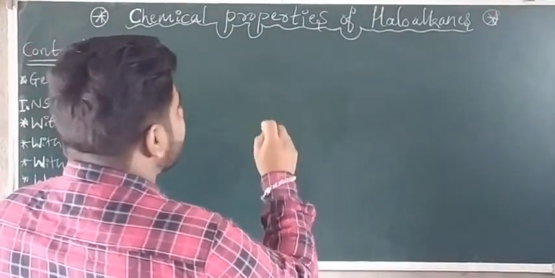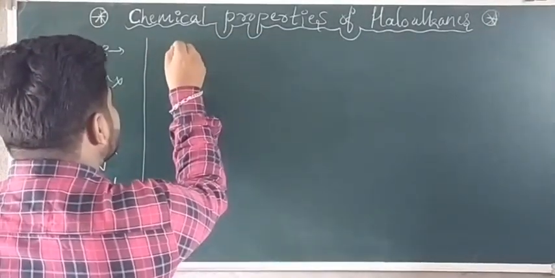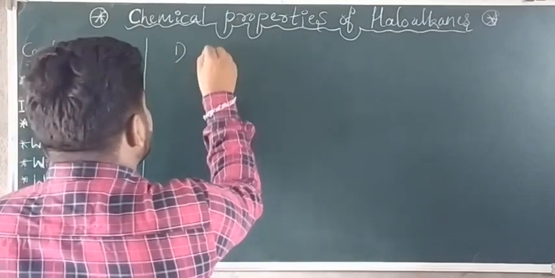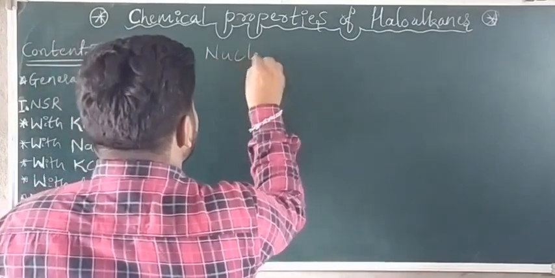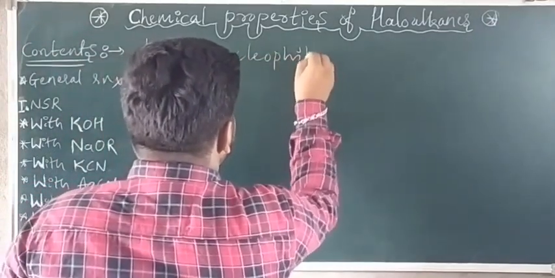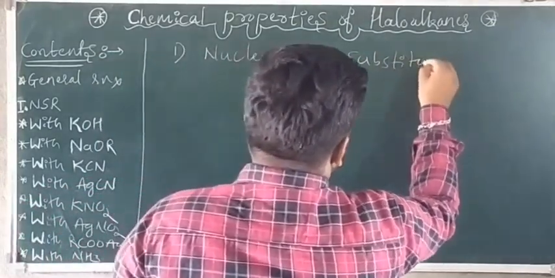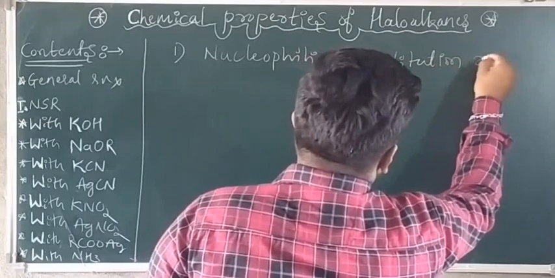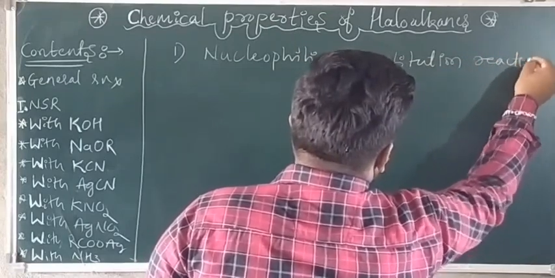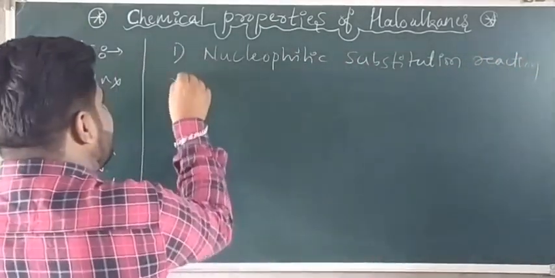So the chemical properties of haloalkanes may be classified into three categories. One is nucleophilic substitution reaction. Second one, elimination reaction.